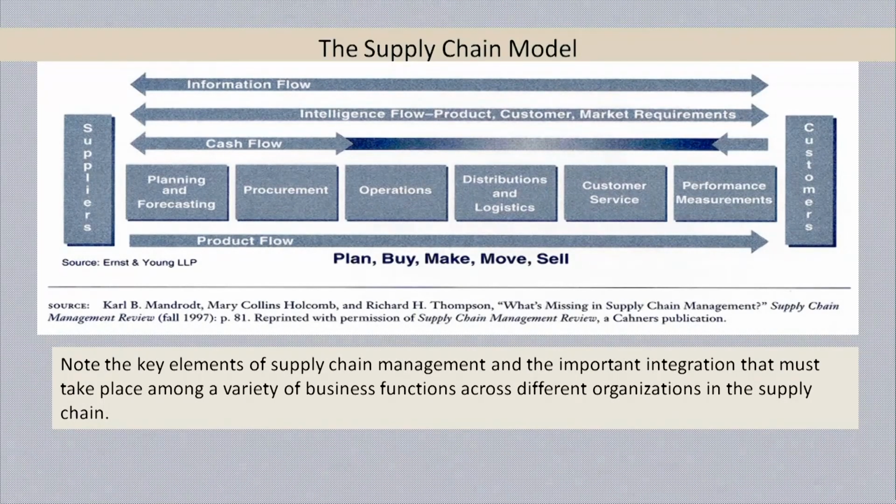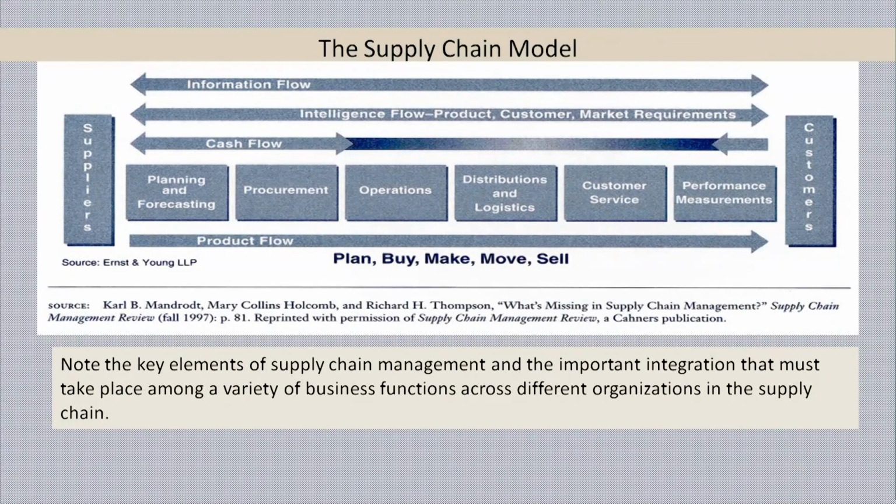Now, the cash flow, that means the money that is paid by customer in exchange of the products and services, primarily flows from the right to the left as opposed to the product flow from the left to the right. But that arrow is also bidirectional, because there will be sometimes some refund or some surplus stock disposal, etc. So, therefore, some money may also flow from the left to the right, that is why that arrow is bidirectional.